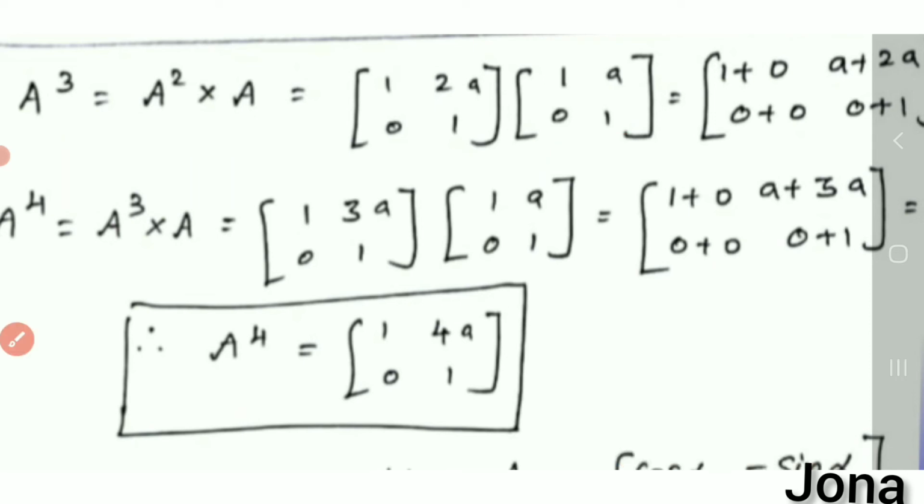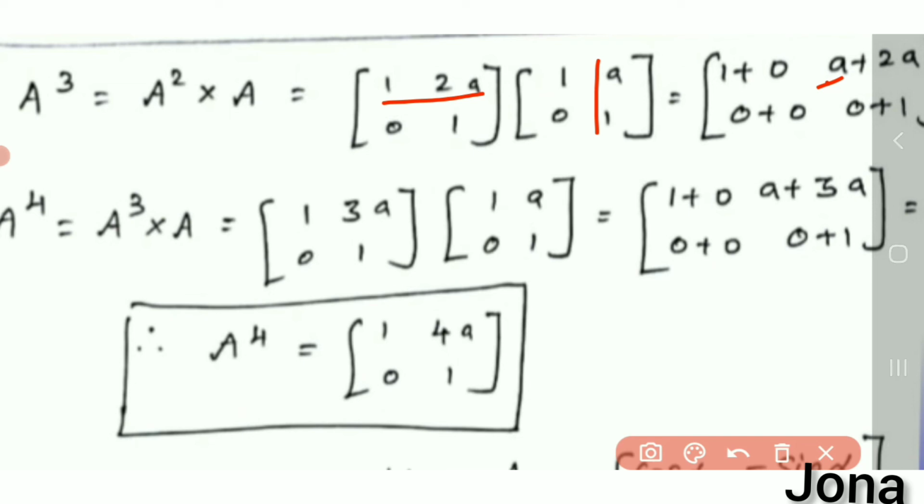First row, first column: 1 into 1 is 1, 2a into 0 is 0. And then first row, second column, that means 1 into a is a, and 2a into 1 is 2a.